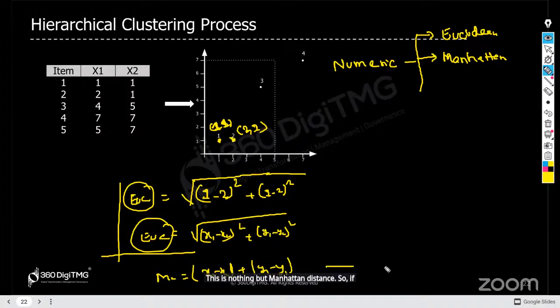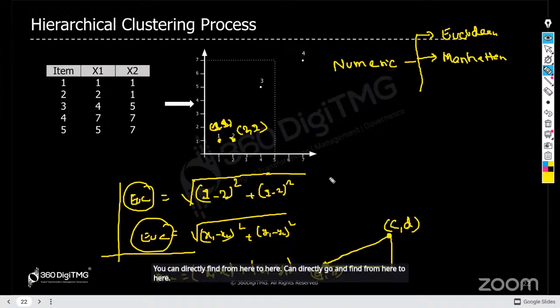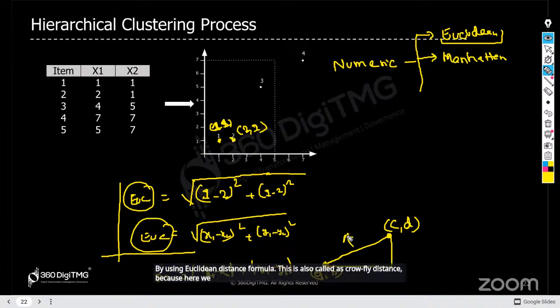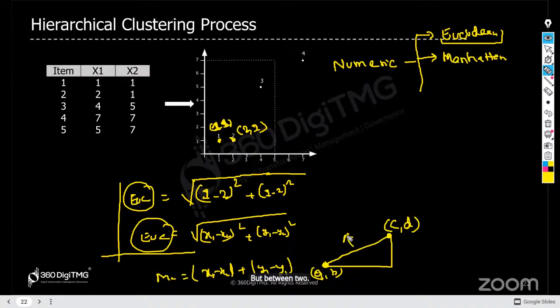So if you want to find the distance from A to C, you can directly go from here to here by using the Euclidean distance formula. This is also called crow-fly distance because here we are finding the shortest path between two data points.